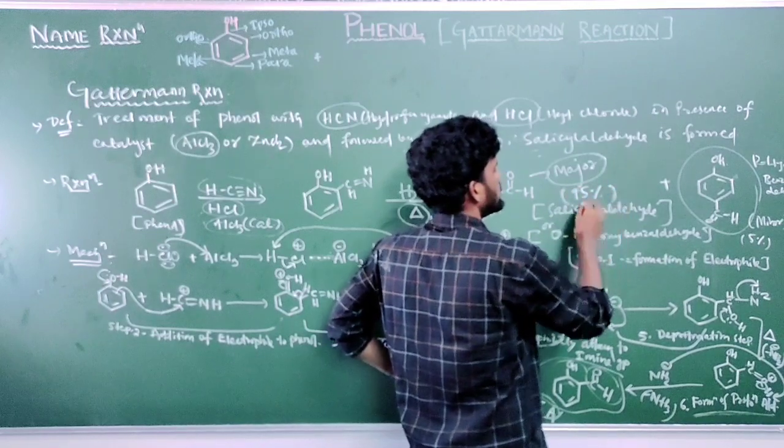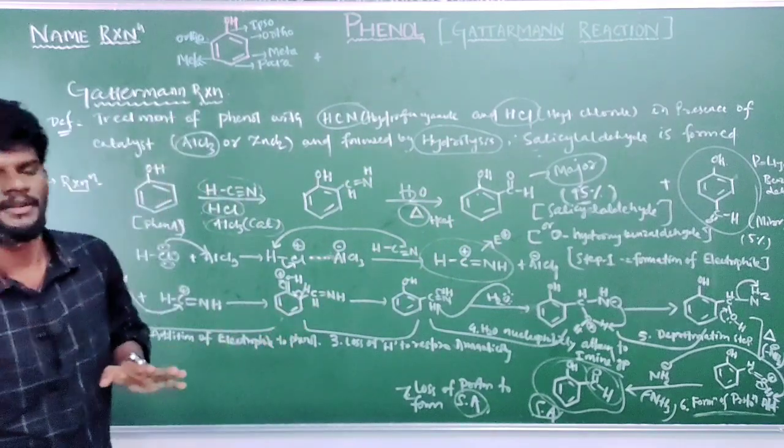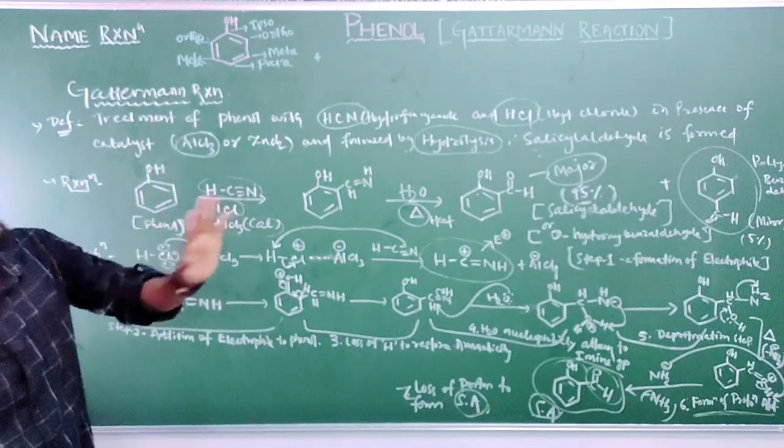In the solution mixture we will find the ortho product in 95% yield and the para product in 5% yield.